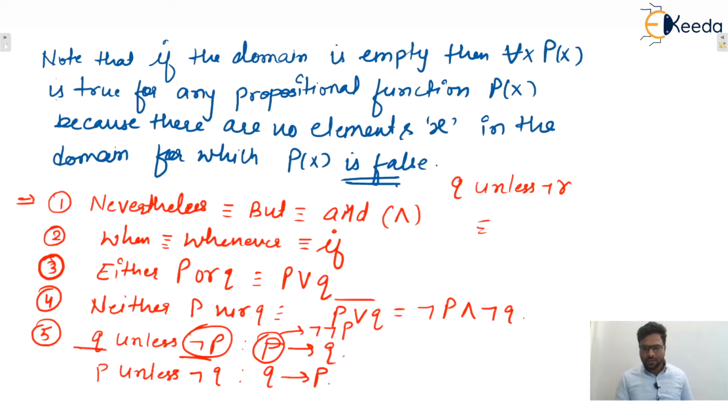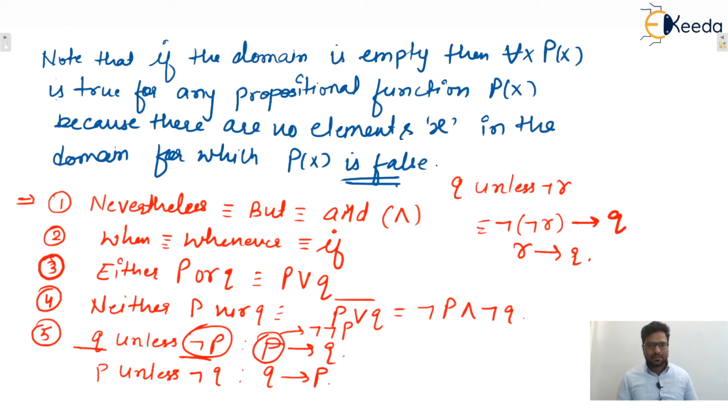Here the negation of the right hand side is negation of negation R, that is R, implies Q. So this becomes R implies Q. Yes or no?